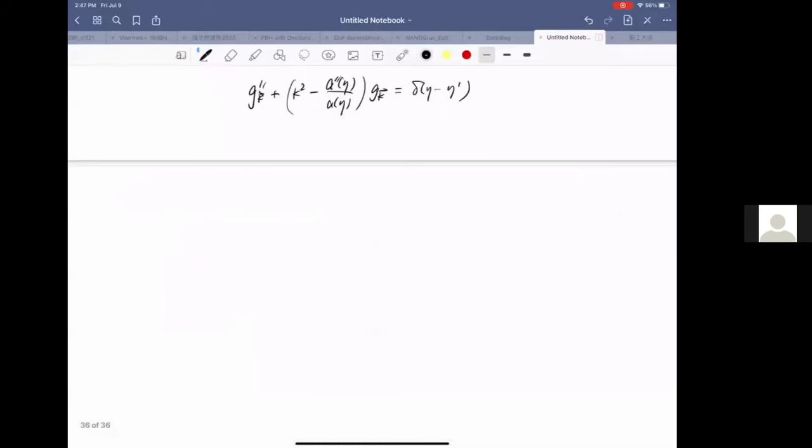And it has different solutions in radiation and matter-dominated universe. What we need is the one in the radiation-dominated universe. I'll write it in here.